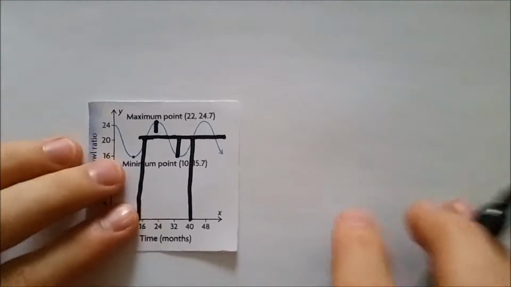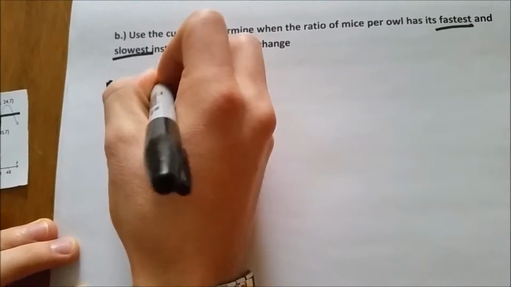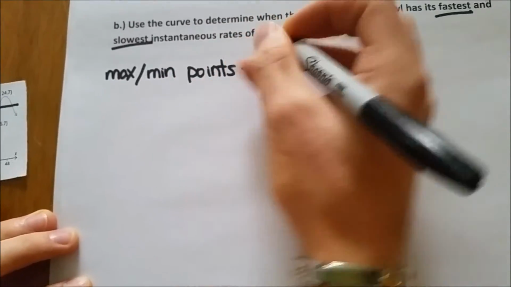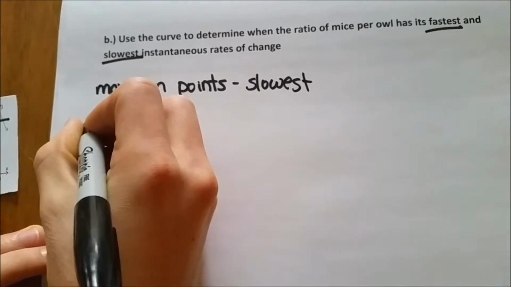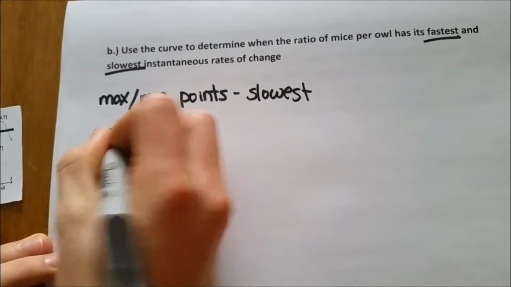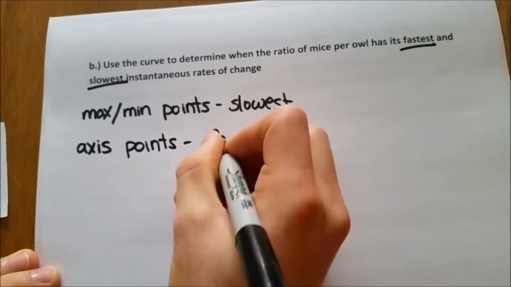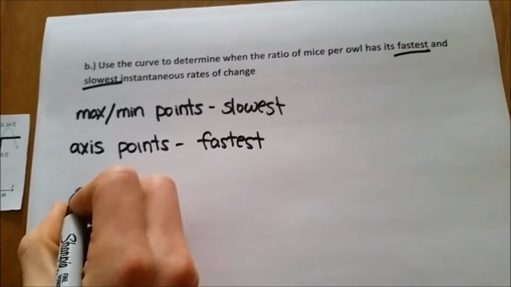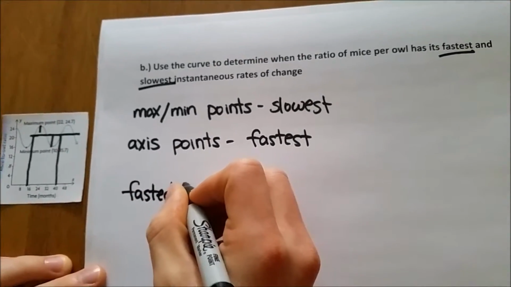So our maximum and minimum points have our slowest rates of change, and our points on or near the axis have the fastest.